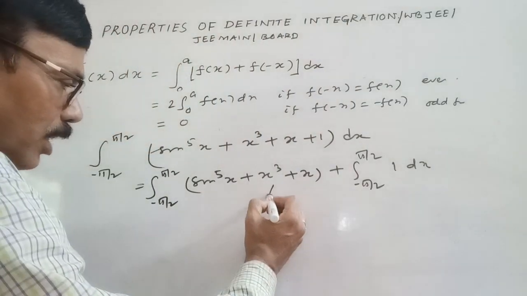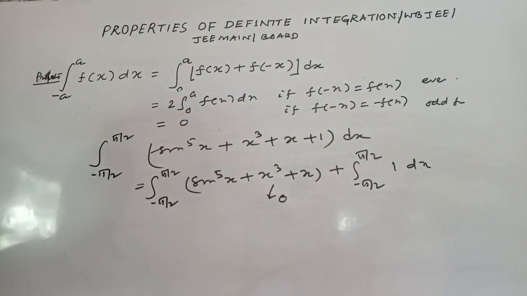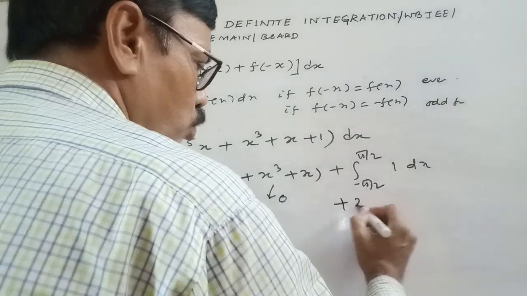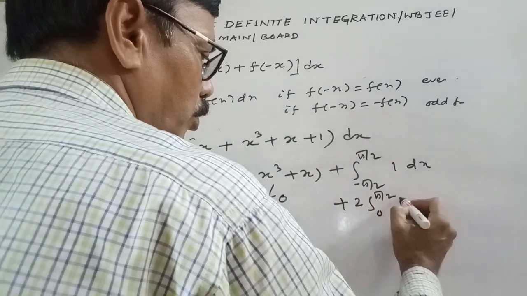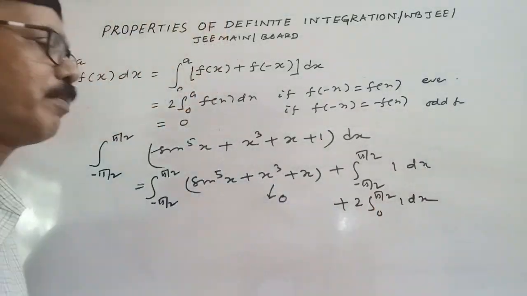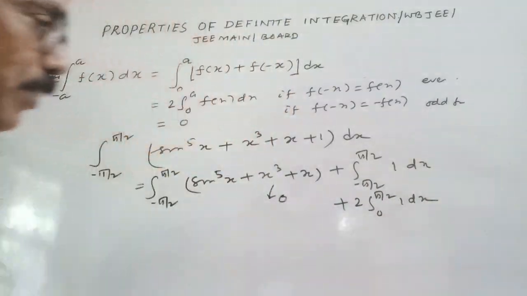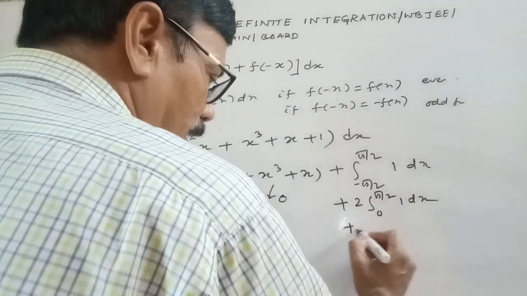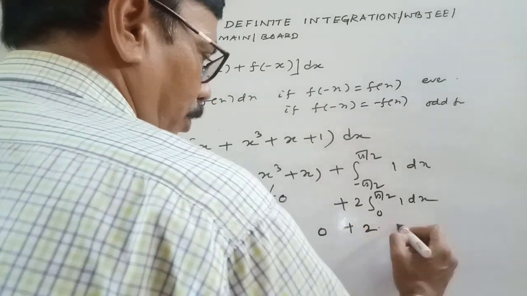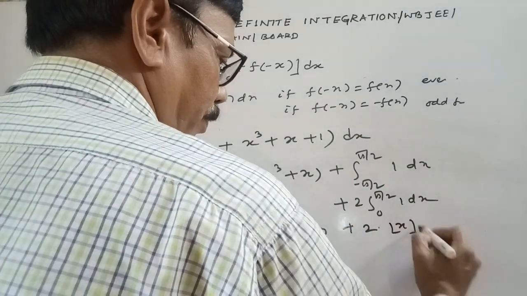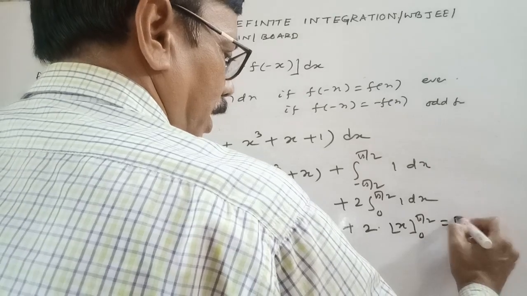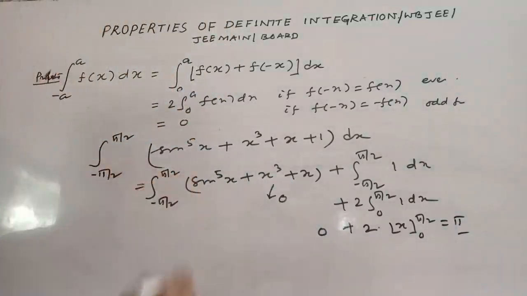So, now this one is 0 and this one is 2 into 0 to pi by 2, 1 dx. This is an even function. f(x) equals 1, f of minus x is also 1. Now, if you integrate, it is 0 plus x. So, you are getting the answer as pi.